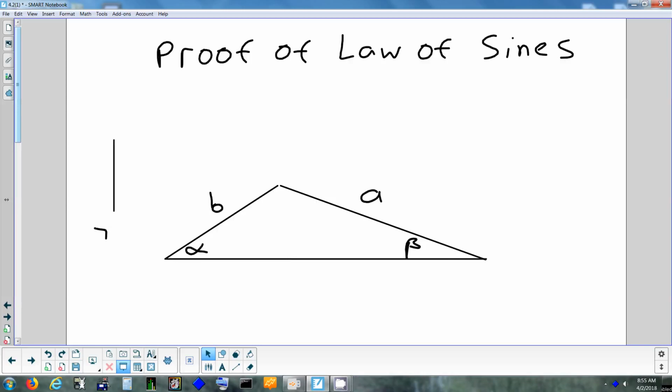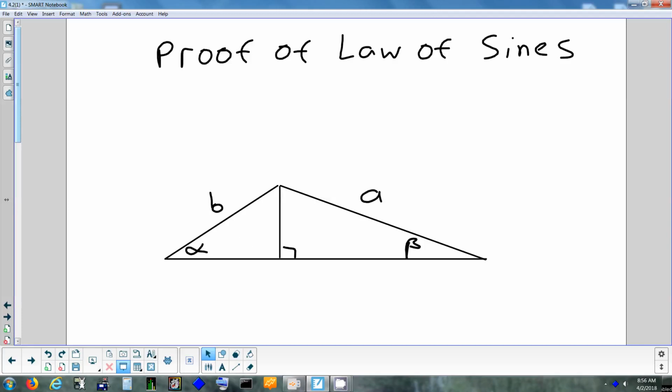Okay, what I am going to do, though, is separate this picture into 2 right triangles. The way I'm going to do it is I'm going to put in an altitude, or the height, from that top angle down to the bottom. Now, you could do this from any side. You could draw in the height from any of the angles. It's just simplest to sketch if I draw it from the top.